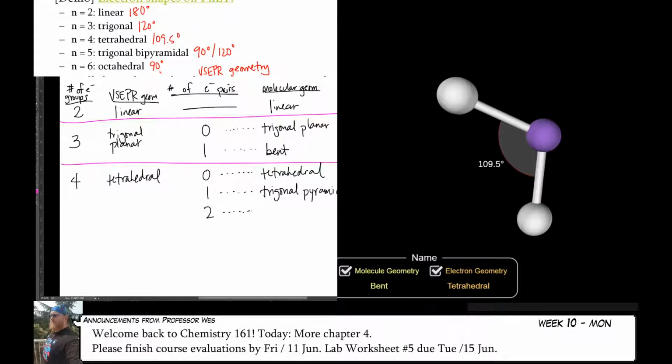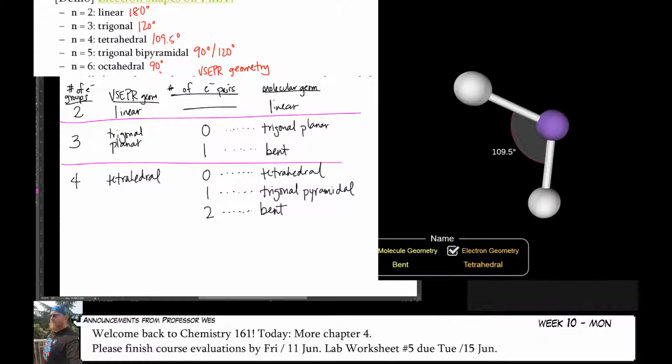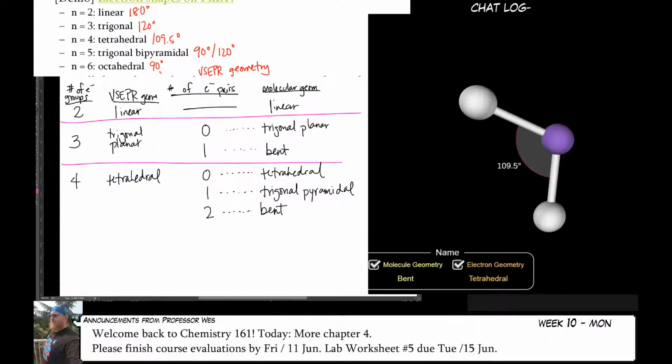So we're going to call it that. Bent. My trigonal pyramidal kind of got scrolled off the screen there. Let me fix that. There we go. In fact, let me just do that so I can fit it all in there. All right, so that's 4.